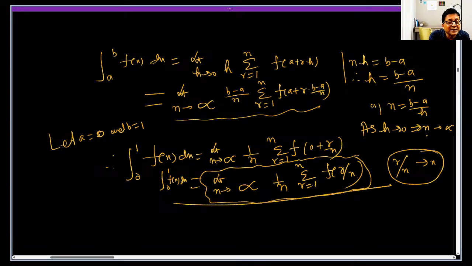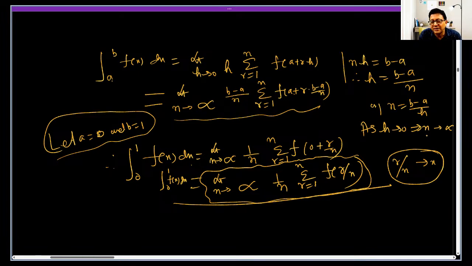But once I make a 0 and b 1, put a equal to 0 here, 0 to 1 f(x) dx. This is what? a 0 and b 1, 1 by n, n is tending to infinity. This is 0, r, 1 minus 0 is r into 1. Bas. Isn't it?